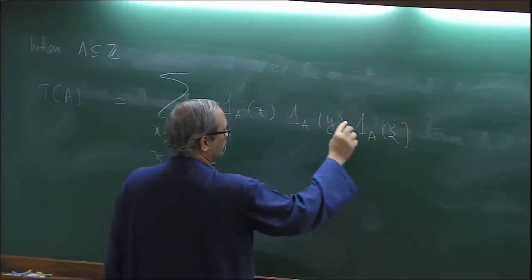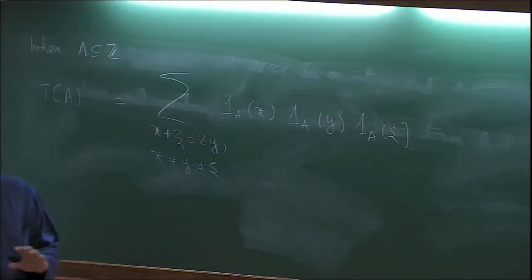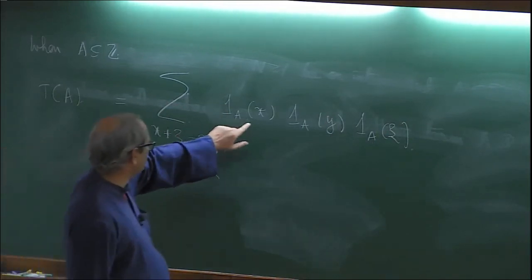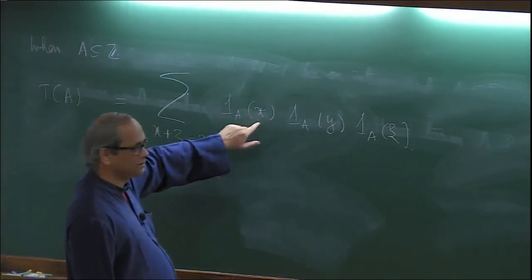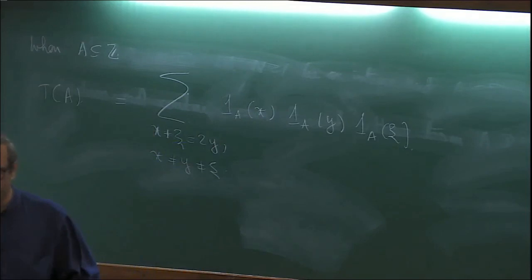Where of course 1_A is the characteristic function of A, which is 1 if x belongs to A and 0 if x does not belong to A. It's the characteristic function.